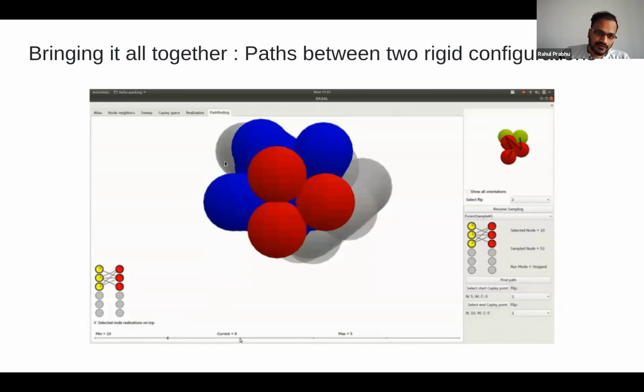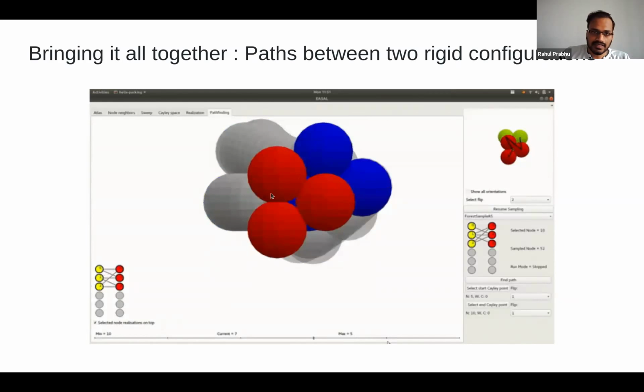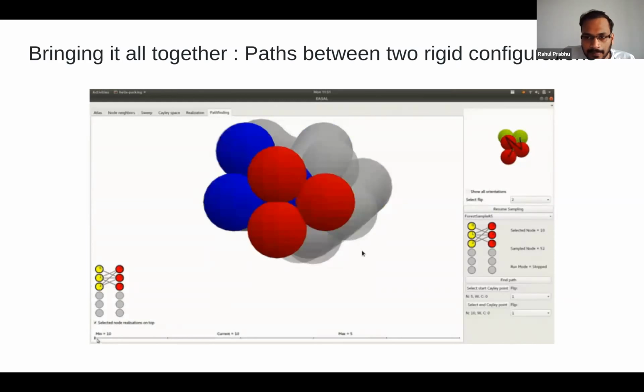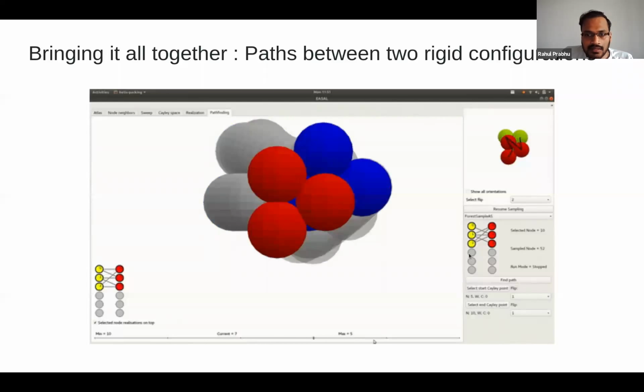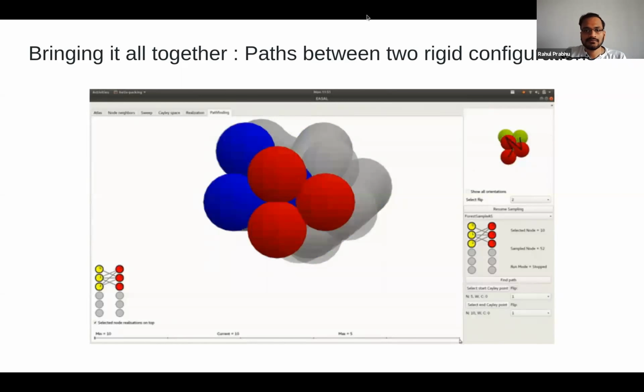That was the source configuration at the beginning, and then these are all the different intermediate configurations it takes to reach the destination. There was some issue with this; it was showing more configurations than required, but hopefully on Thursday I'll be able to show this working for all sets of molecules.